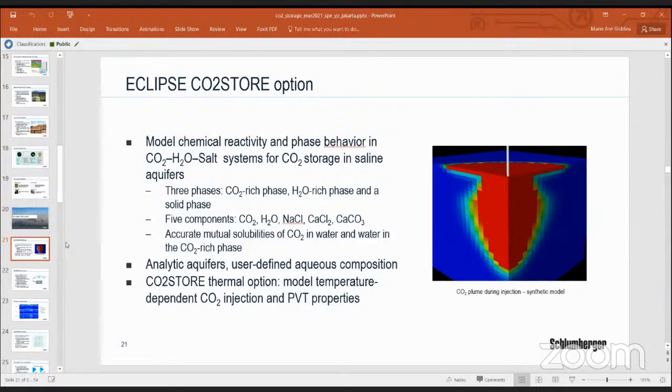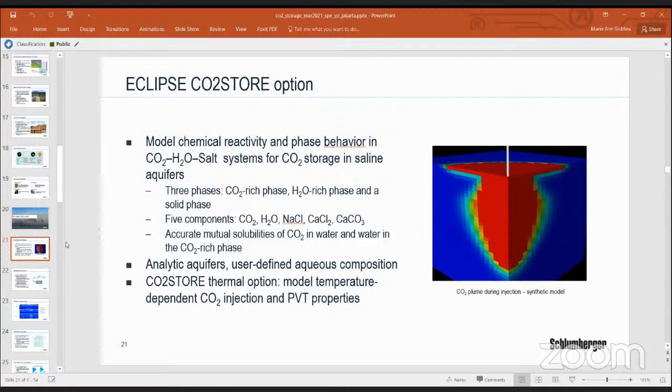And they made a request for a fairly simple model that would handle almost all the phenomena that you see for injection in saline aquifers, but which would be relatively easy for someone to set up in the early stages when parameters are uncertain. So CO2 store will model the chemical reactivity, the phase behavior in systems containing carbon dioxide, water, and salt.